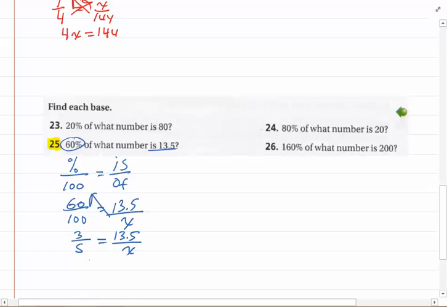Cross multiply, we're going to get 3x equals 13.5 times 5. 5 times 3 is 15. 17. 6. 1 decimal place is 67.5. Divided by 3.